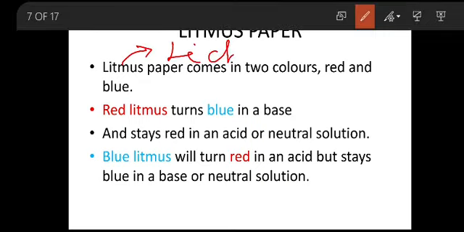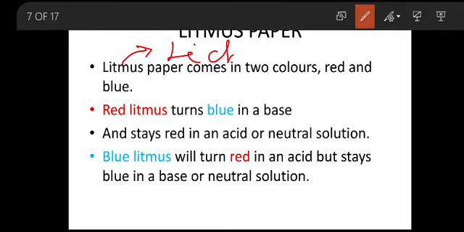This is your litmus paper. I will take you all to the lab once the school reopens and I will help you to understand this with a better understanding. This is your red litmus paper and this is your blue litmus paper.